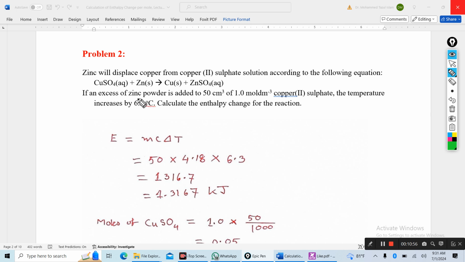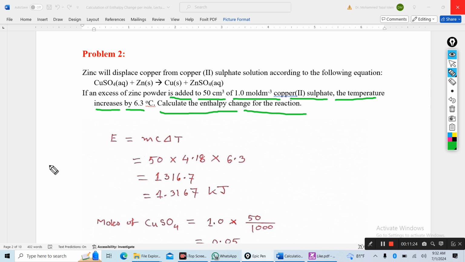If an excess of zinc powder is added to 50 centimeter cube of 1 mole per dm cube copper sulfate, the temperature increases by 6.3 degrees centigrade. This is also an exothermic reaction because the temperature is increased. You are asked to calculate the enthalpy change for this reaction.